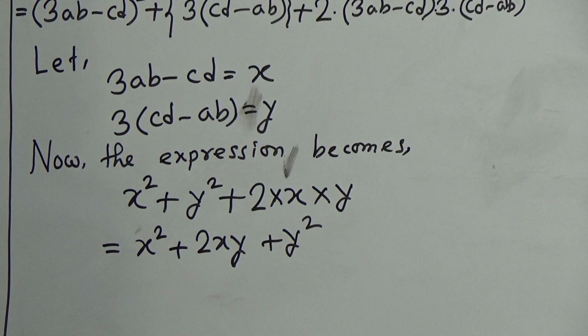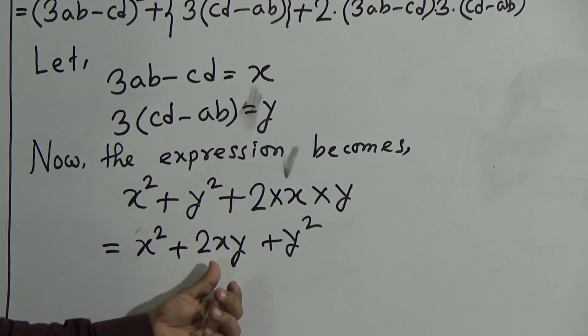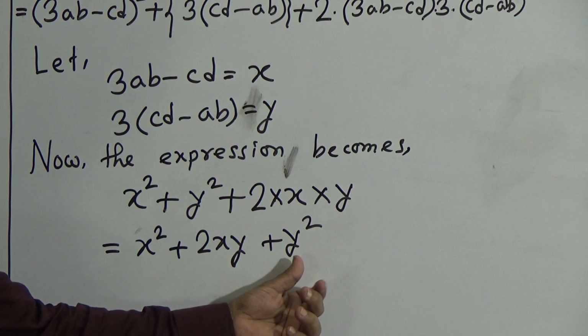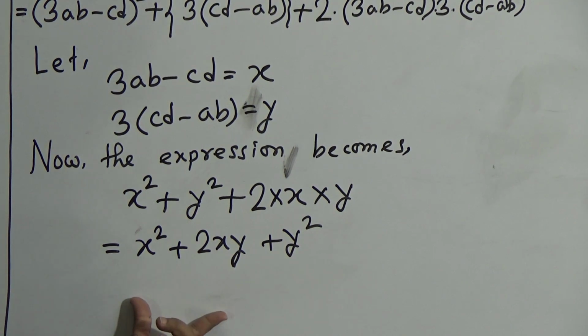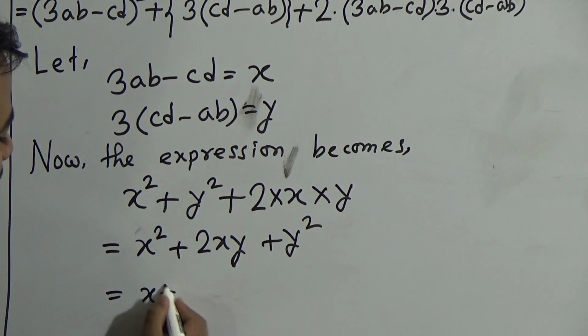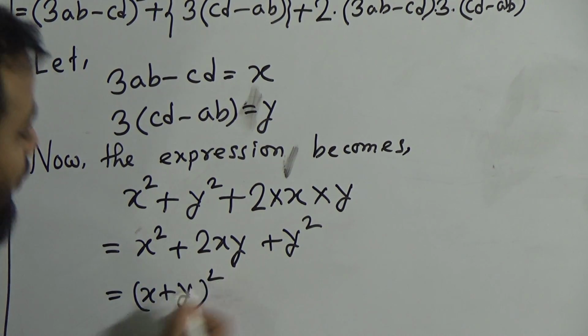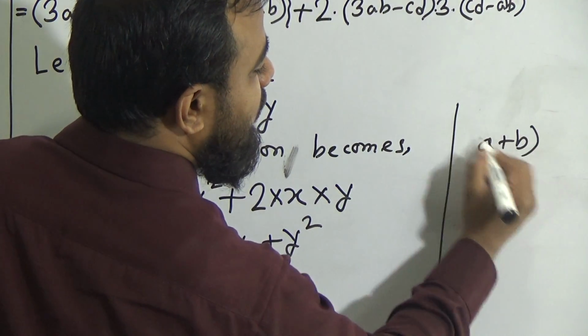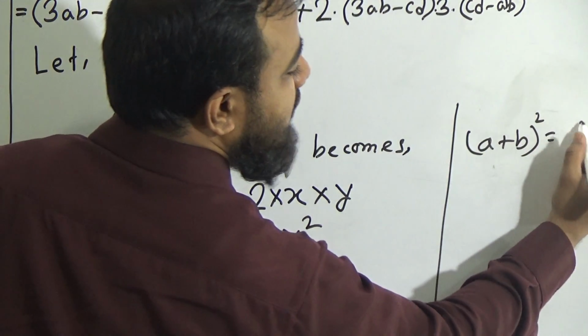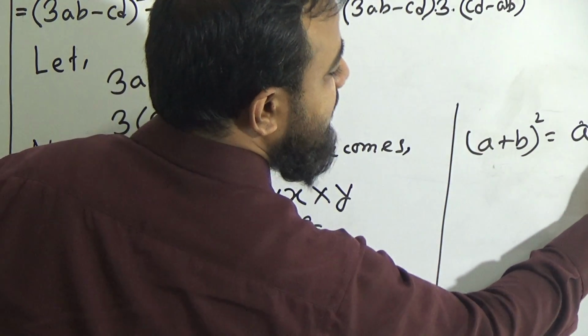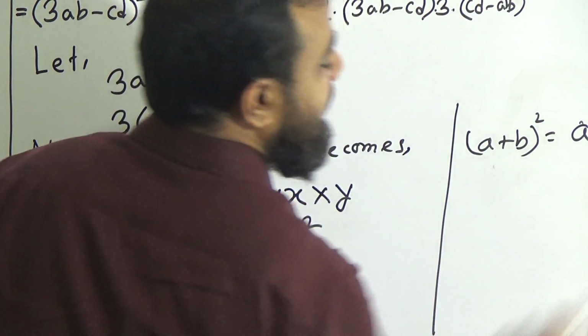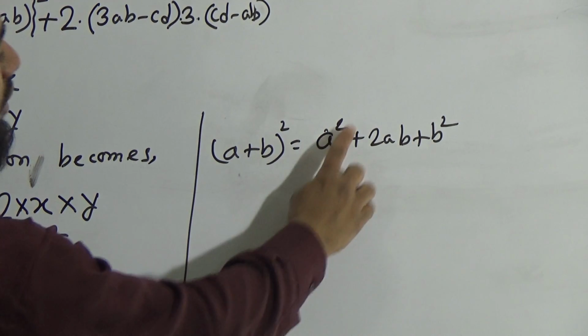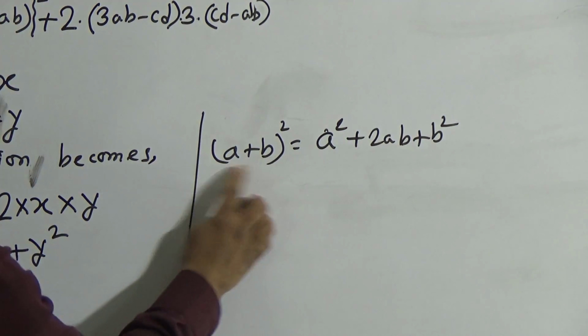My dear students, if we write X square plus twice XY plus Y square, we can write this as the formula X plus Y whole square. How? Look, we know the formula A plus B whole square is equal to A square plus twice AB plus B square.